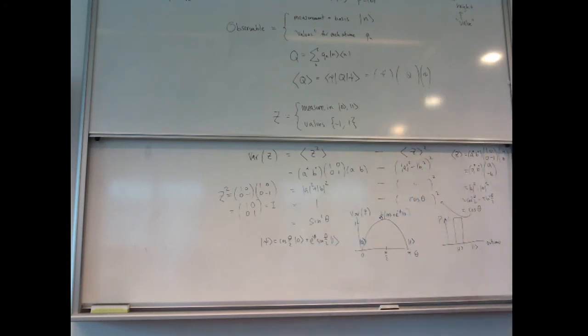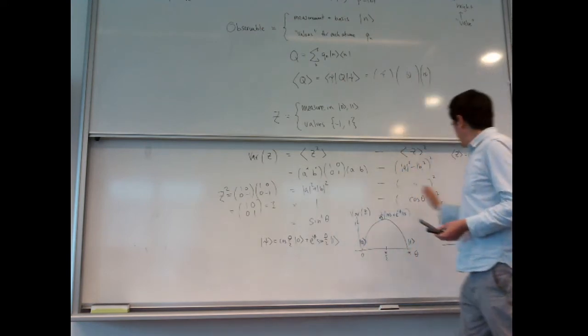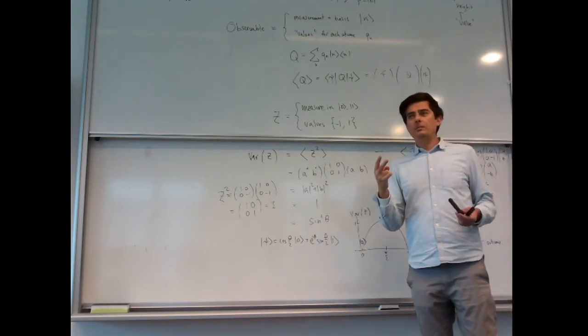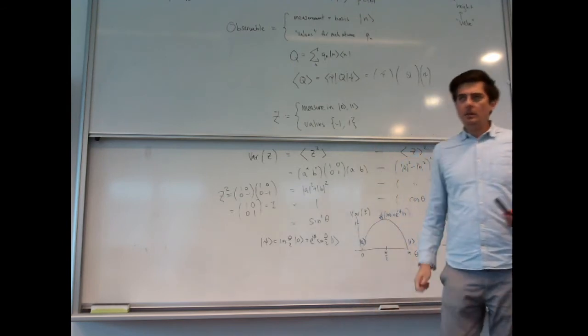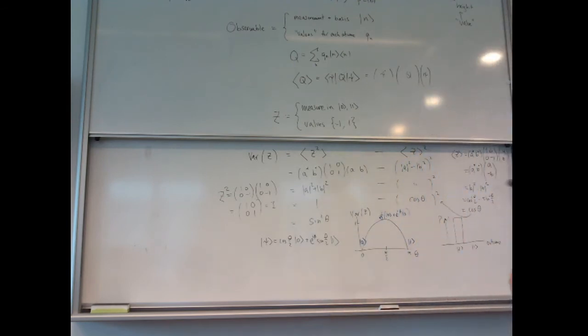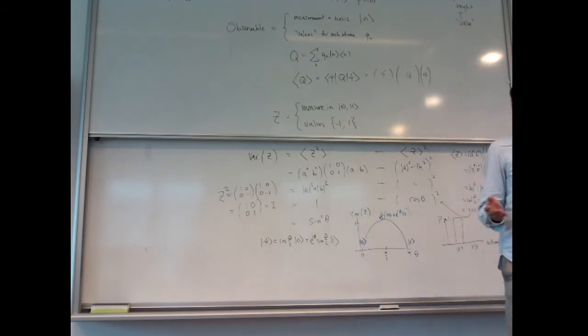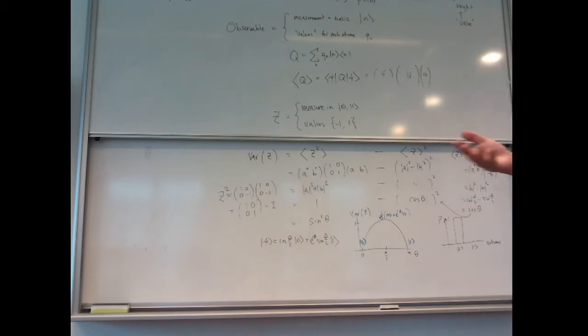But even if it wasn't that, the average and the variance just give you two numbers in the probability distribution. For a qubit, it's maybe reasonable that two numbers might determine the state.